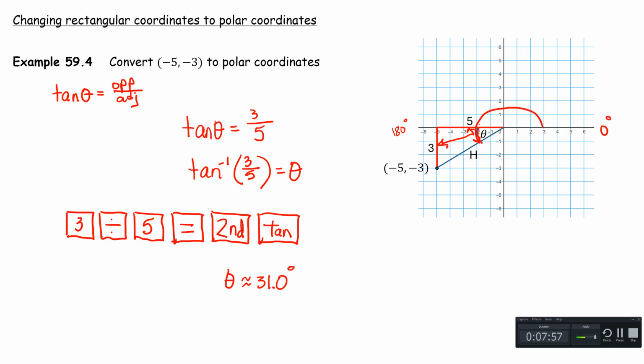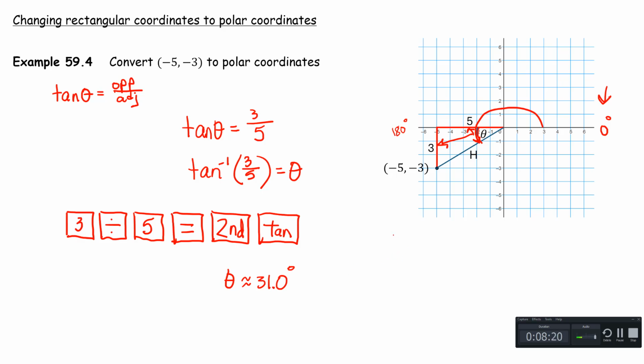We don't want to know this little bitty angle. What we want for our polar coordinates is the angle that starts as 0 here and goes all the way around to that radius, that h, that goes out to the point. So we need to add 180 to that 31 to get the actual angle for our answer.